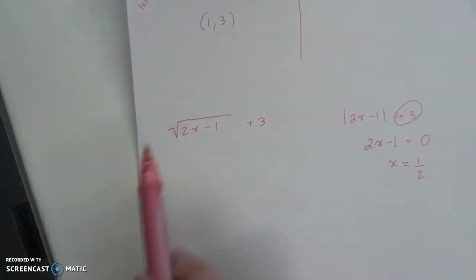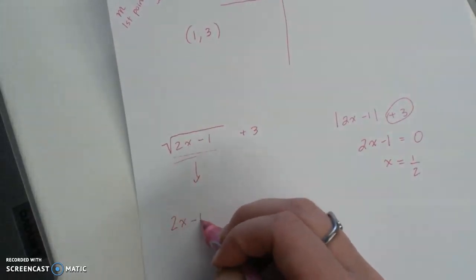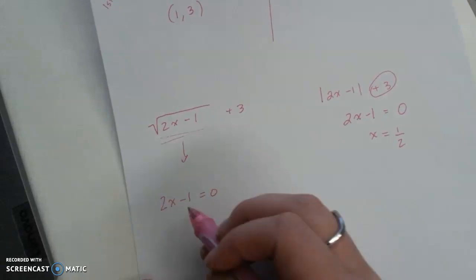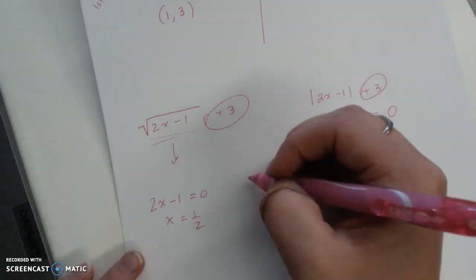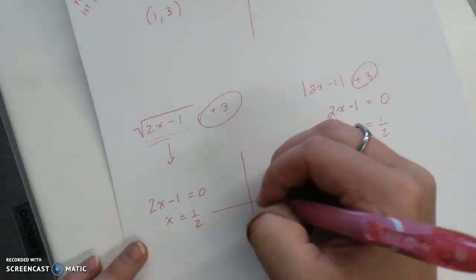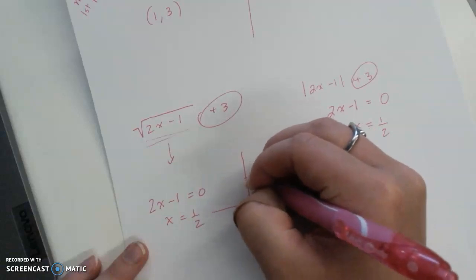With square root signs, it's the exact same process. In order to find our vertex, we set whatever's inside of our square root equal to 0. So our x value is 1/2 and our y value is 3. So our vertex would be found at 1/2, 3.